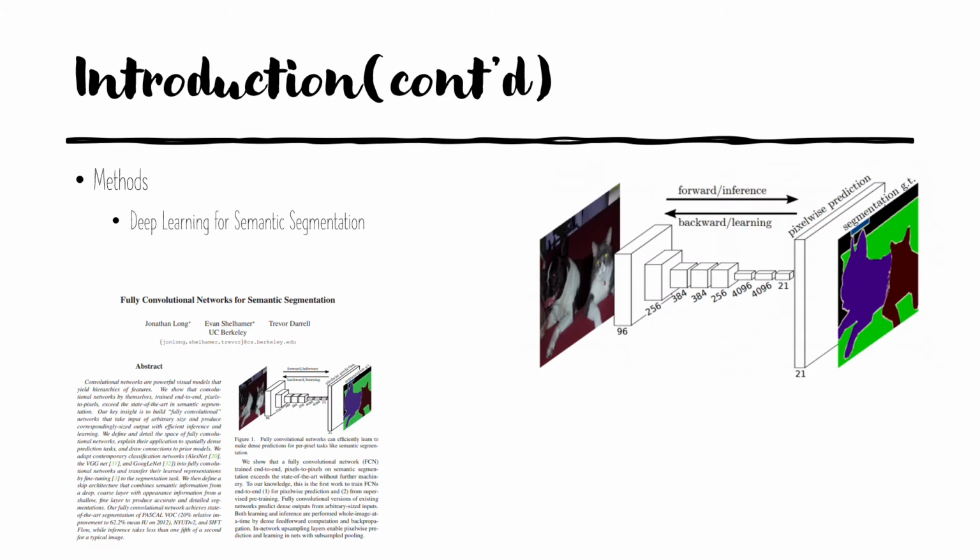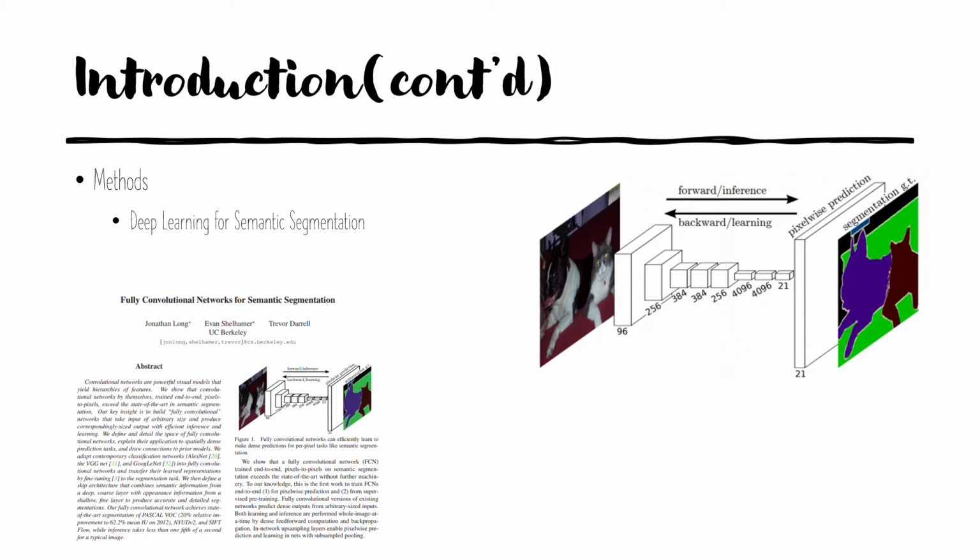The success of deep convolutional neural networks for image classification and object detection has sparked interest in leveraging their potential for solving pixel-level tasks, in particular semantic segmentation. The fully convolutional neural network illustrated in the figure is one of the earliest works which applies CNNs to the image segmentation problem.